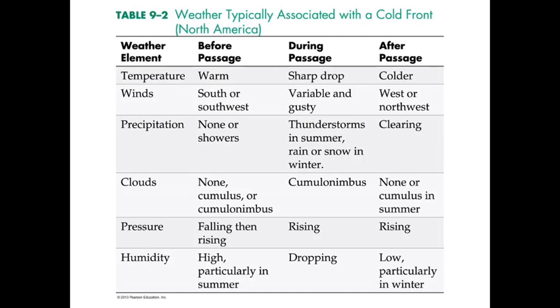So this one is analogous to the one we looked at before for warm fronts. You can kind of see, for instance, if we pick on pressure, regardless of what the front is, you figure that they should be falling before the passage. Well, this is showing rising during the passage and after the passage.